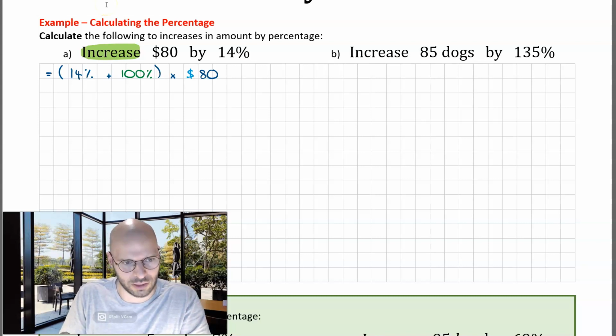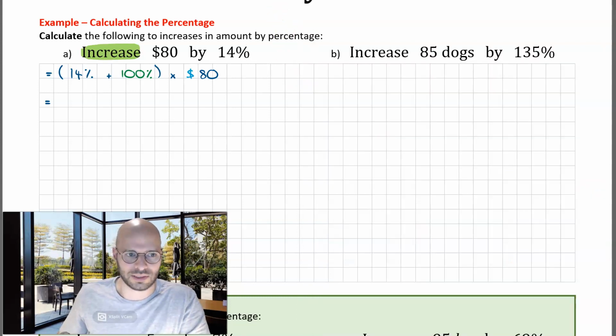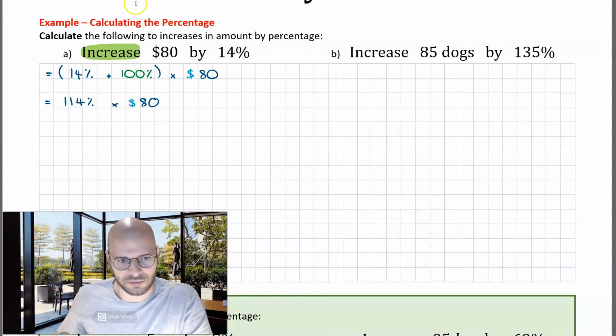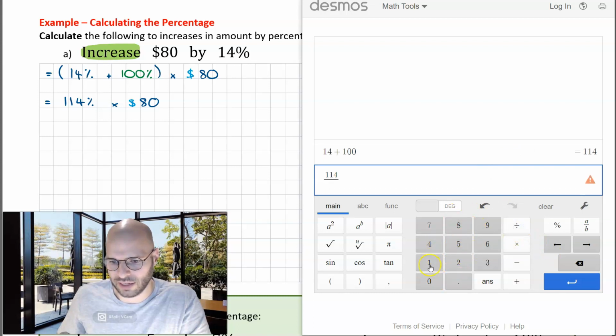Next, we come to our calculators and we're going to add the 14% to the 100%. This gives us 114%. After this, we need to convert our percentage back into a decimal. So we convert this into a decimal by going 114 divided by 100.